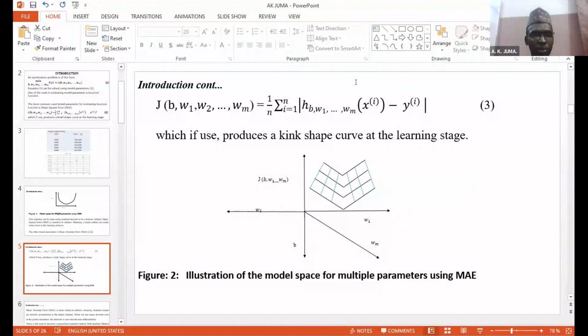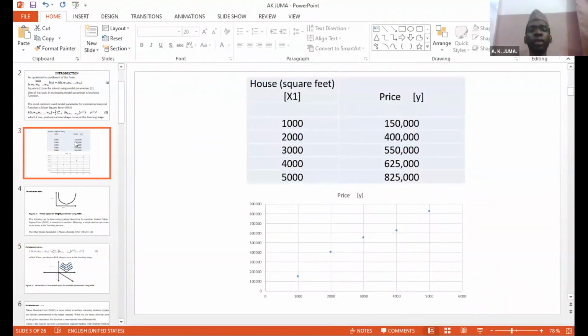Let me take us back a little to get more clarity on what we are doing. For example, assume you have house sizes in square feet. For the first column you have 1,000 square feet, and the price, that is the second column, is 150,000. 2,000 square feet, 400,000 as the price. That is what we call the real data that we have.